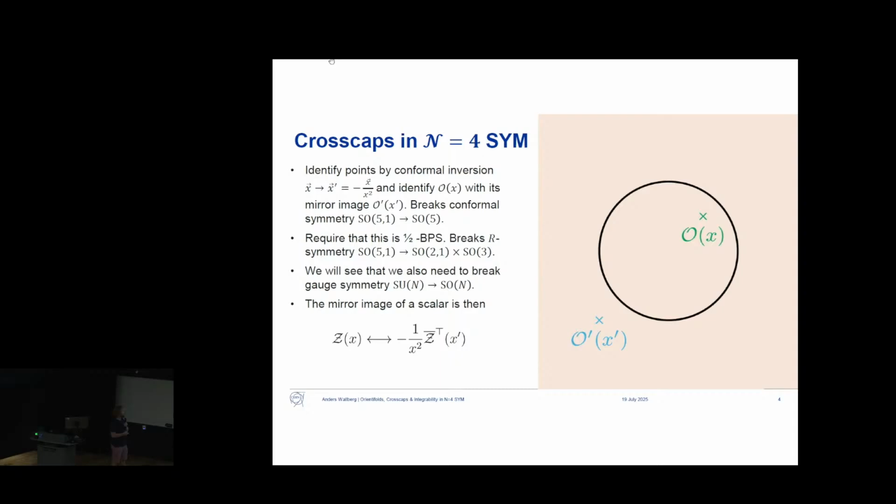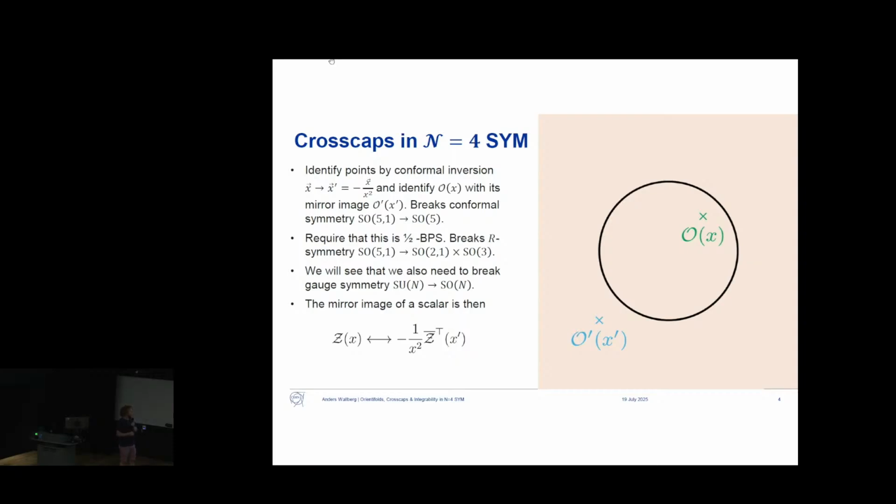Now it turns out that if you want this to be half BPS, you also need to break R symmetry. Again, this is similar to what people know from the defect cases, but maybe more non-trivially, to have a nice integrability interpretation, it turns out that we need to also break gauge symmetry from SU(N) down to SO(N) via a certain charge conjugation.